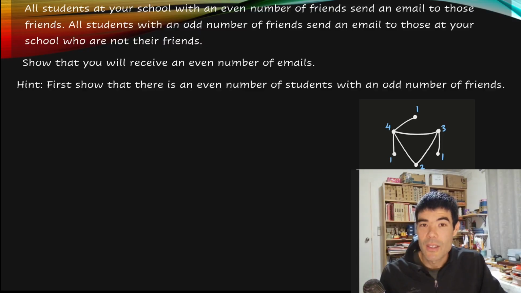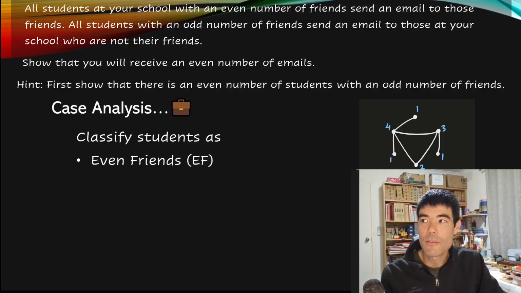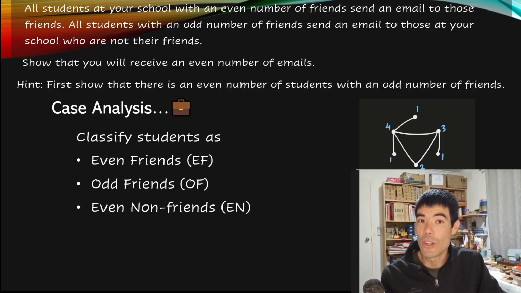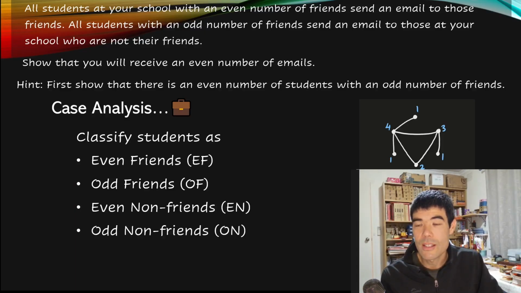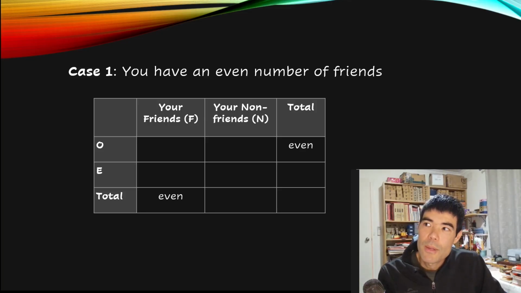I'll get to the clever, unexpected solution a little bit later, but if you're anything like me, you might try a case analysis. If we classify students into even friends, odd friends, even non-friends, and odd non-friends, then of course there's also you. We can set up the students in a table like this, and break it down into cases. Case 1 is where you have an even number of friends. We already had from the hint that the total number of odd students must be even.